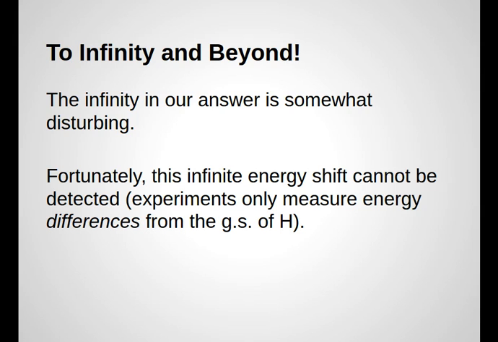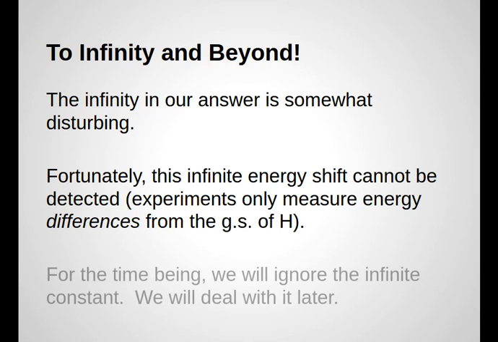That infinite energy shift, even though it's infinity, is across the board, so you can't detect it. Because it's non-detectable, we'll just ignore it. We'll see later on that these infinities pop up all over the place, and so we have to develop an algorithm for taking care of these infinities, and that's what is known as renormalization.